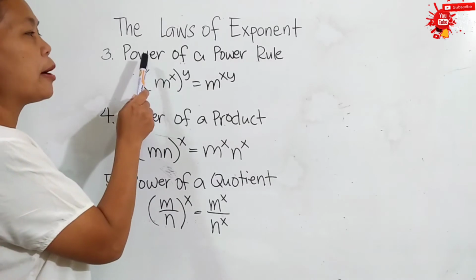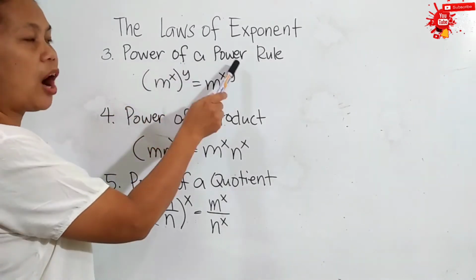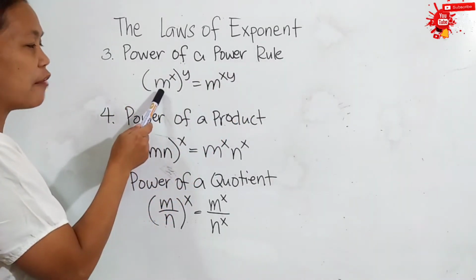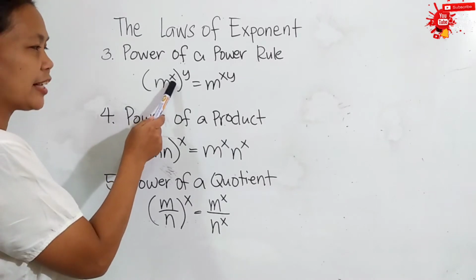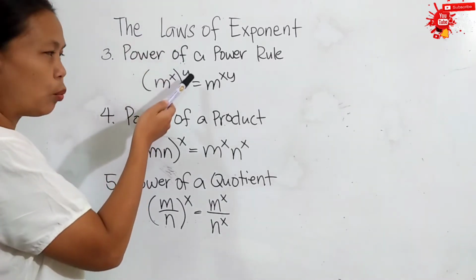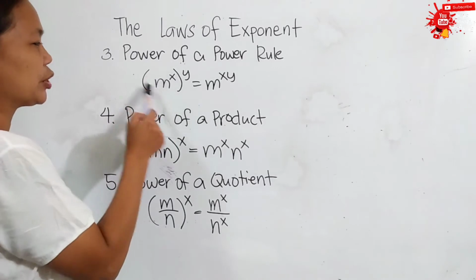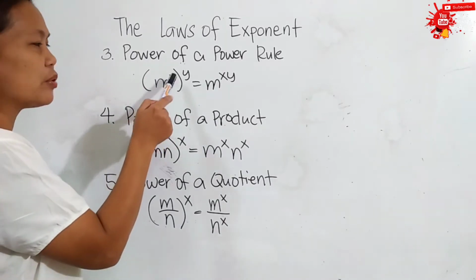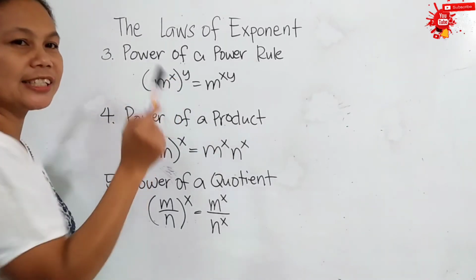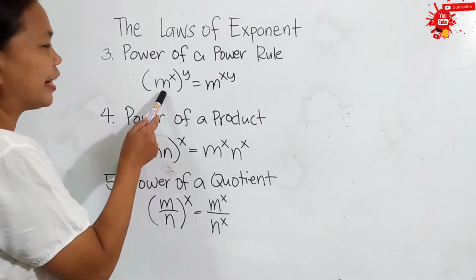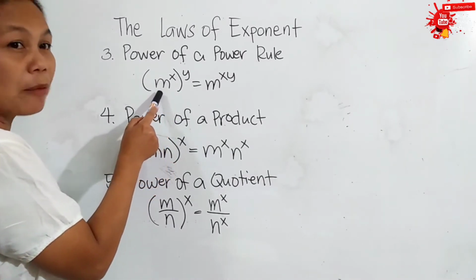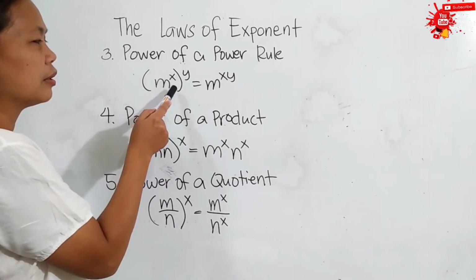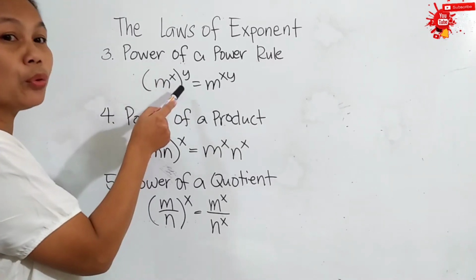So we have here the power of a power rule. We have m raised to x raised to y. We have a certain base, which is m raised to x. Then we have y as an exponent. So we read it as m raised to x quantity raised to y.